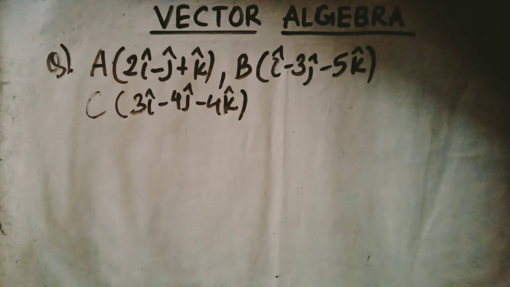So here the first thing is to find the vectors joining the 2 points, and then you have to make use of the Pythagoras theorem.